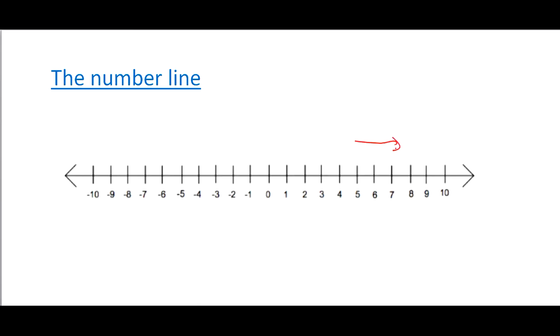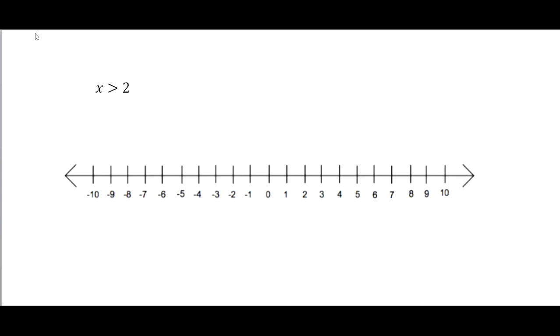So we increase our numbering going to the right: 0, 1, 2, 3, continuing to the right. If we go to the left, we have numbers decreasing: -1, -2, -3 in the left direction.